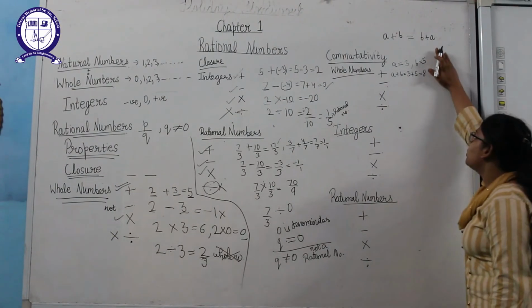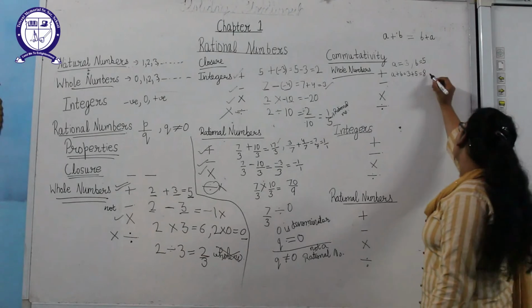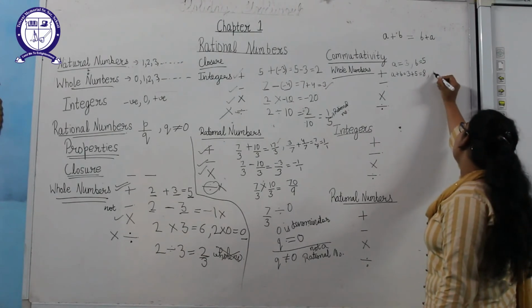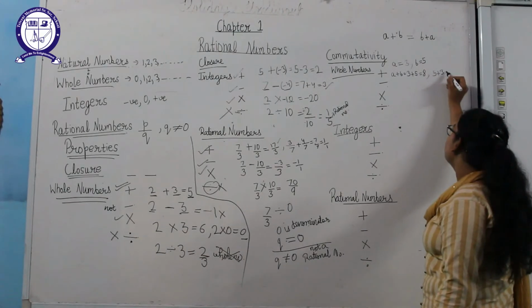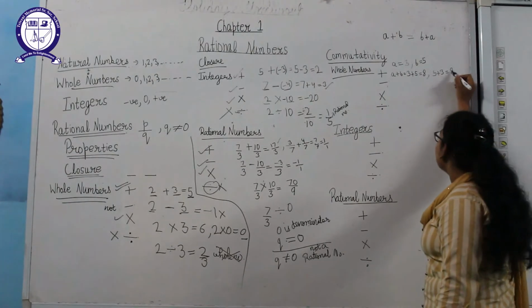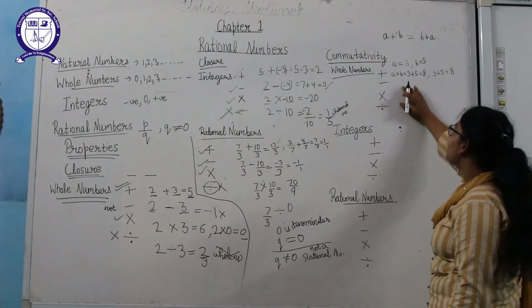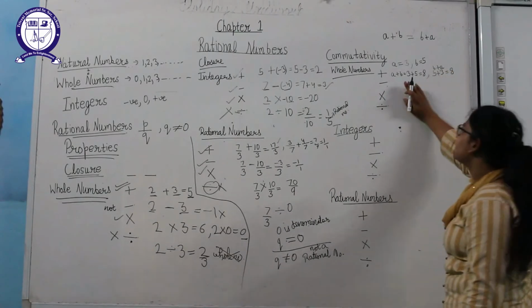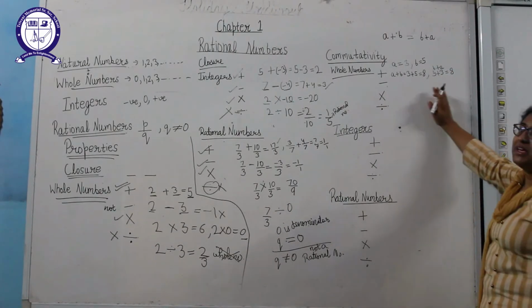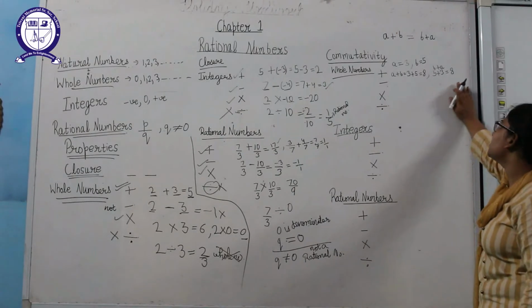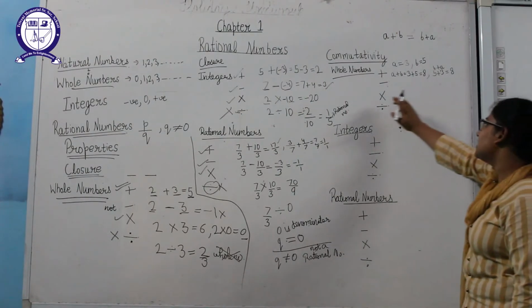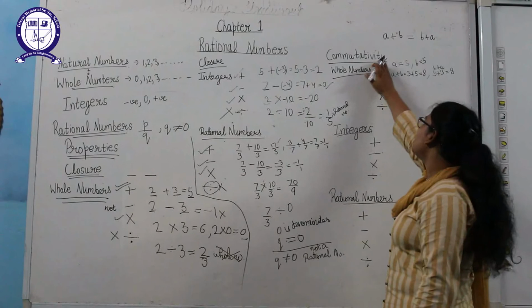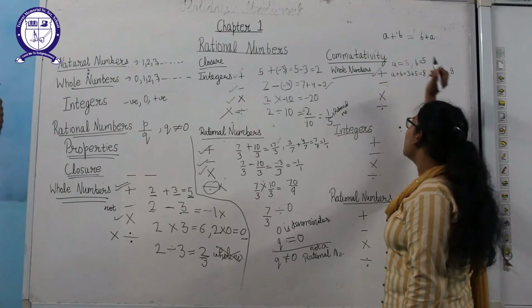Now we will talk about B plus A. B plus A will be 5 plus 3. It is also 8. We are getting the same answer for A plus B and B plus A, which is 8. So we can say that whole numbers are commutative under the operation addition.